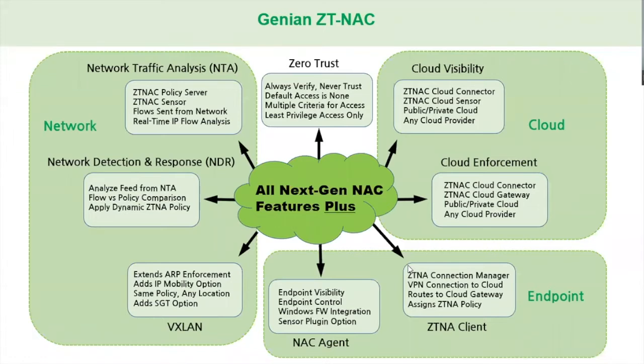Most organizations have not 100% migrated to the cloud. There's at least some component left on-prem that needs to be contended with. So all those features that the current generation, which of course were next generation products, still need to be there as your corporate network still needs to be secured.